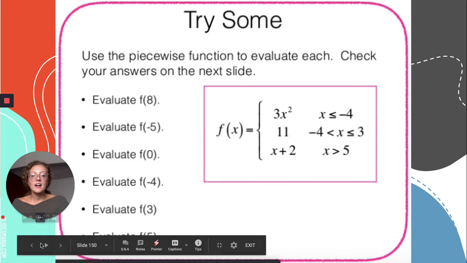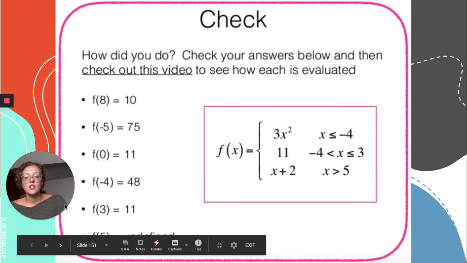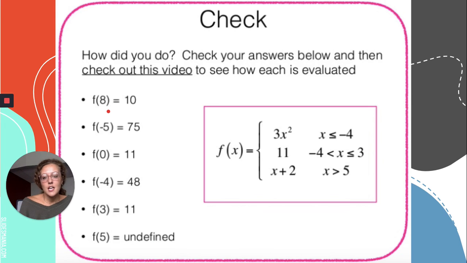Okay, you're back. Let's see what the answers are. Okay? So good on the first ones. Something tricky with f of negative 4 is you plug it into the top function, right? Negative 4 less than or equal to negative 4? Yes. Is negative 4 between negative 4 and 3?